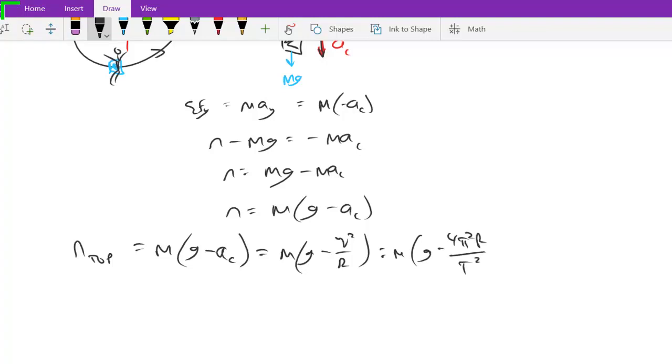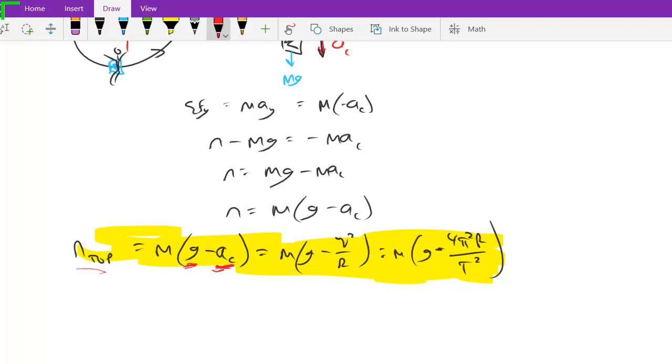All of these are centripetal accelerations, right? So the normal force at the top is given by these. We can see that the normal force that the seat exerts on us at the top is less than our weight. If we make it such that our centripetal acceleration is equal to g, then the normal force at the top would be mg minus g, which is 0, and we would feel weightless.